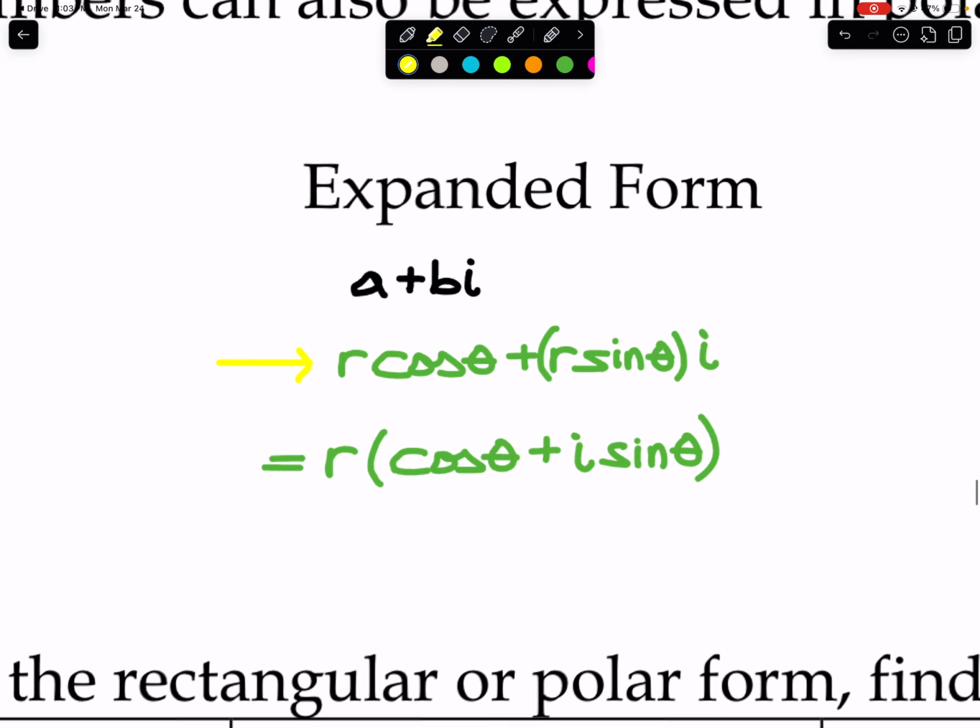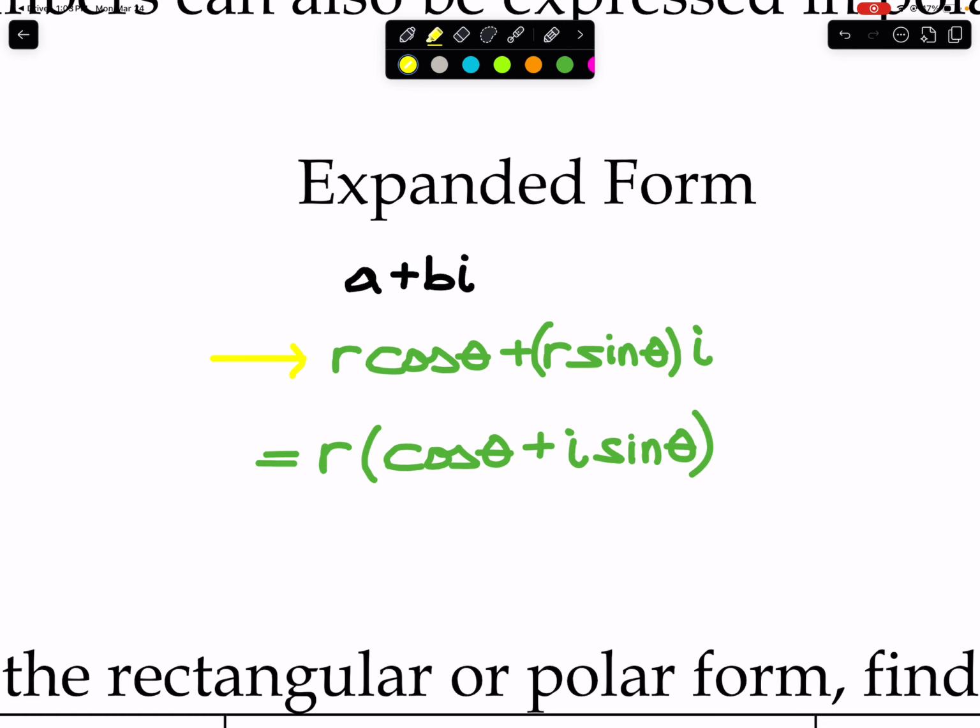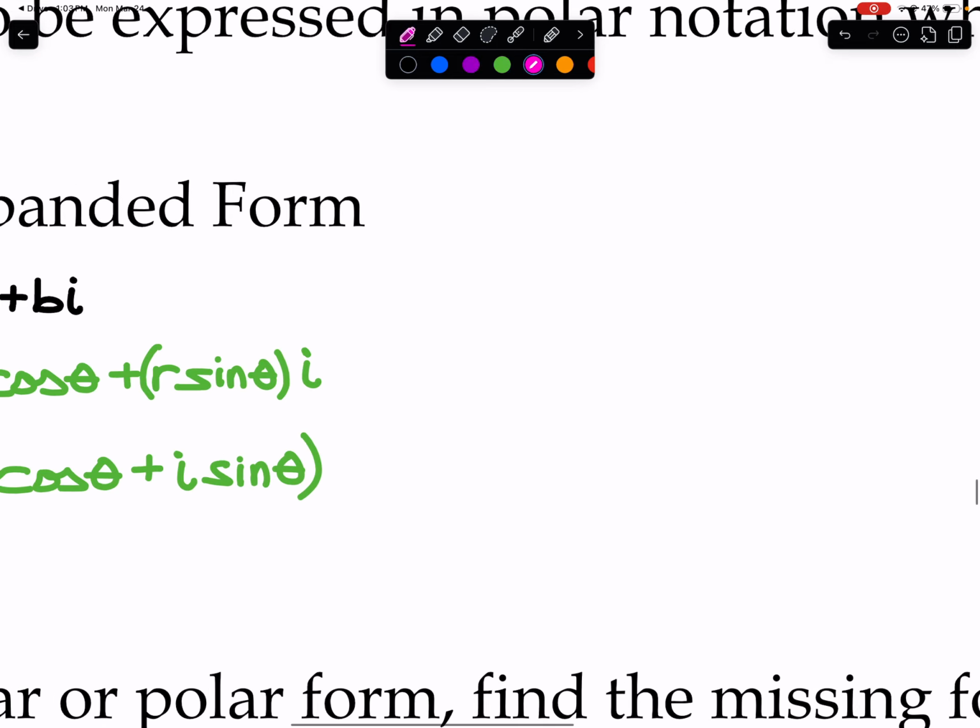So when we get to writing these values in terms of polar, we're going to expand on a plus bi. Your a is going to correspond, I'll do this over here. If I do a plus bi, this corresponds to your x component plus your y component, which has the imaginary value.